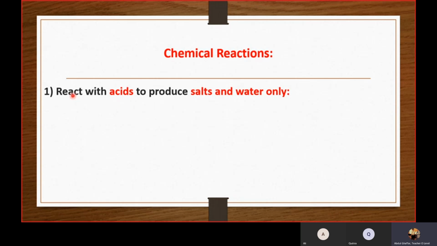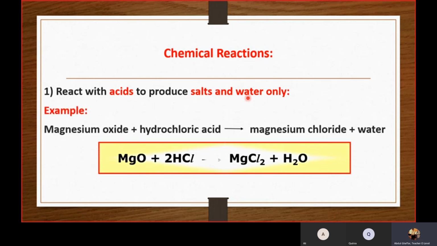Chemical reactions: basic oxides react with acids to produce salt and water only. For example, magnesium oxide, a basic oxide, reacts with hydrochloric acid to produce salt and water, magnesium chloride and water.